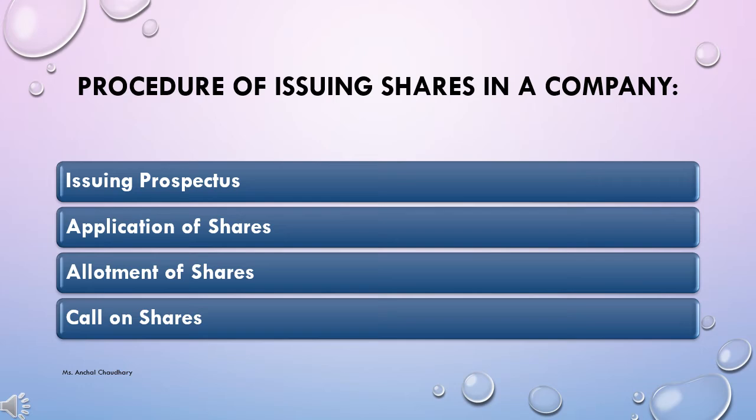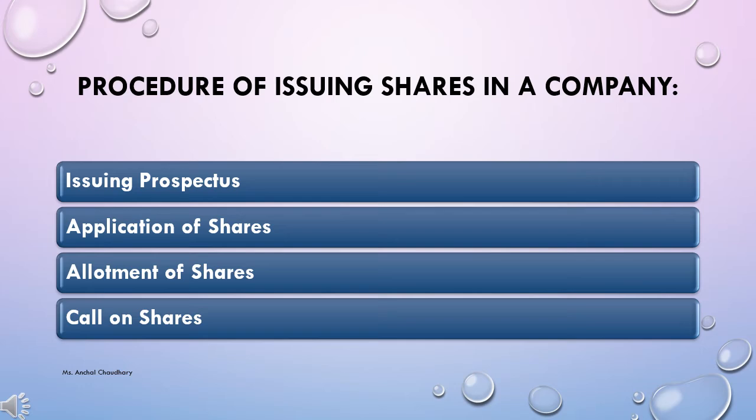So when you are inviting the public to invest in your shares, the document which carries the important details of your organization and the invitation is known as your prospectus. So first of all, you have to issue a prospectus for the further issuing of shares. Next is your application of shares.